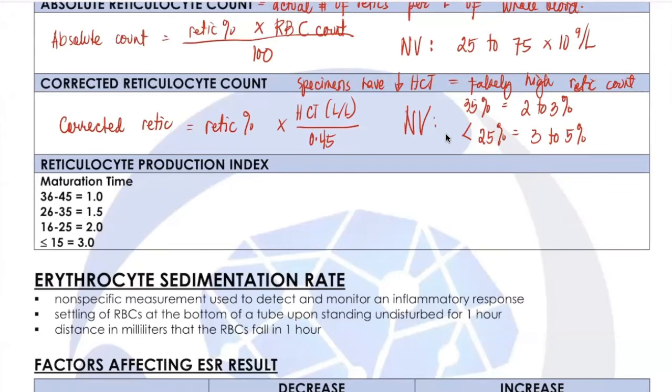Remember, guys, that in cases, for example, of anemia, if there is a need of red blood cells in the circulation, the tendency of the bone marrow is to release reticulocytes way earlier.